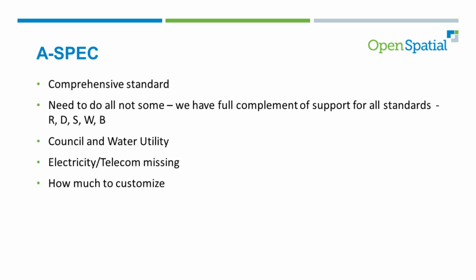So the question then is, do you provide the full A-Spec code list to everybody, which means people can actually give you data that you have not catered for within your asset management system, or that actually doesn't meet your engineering standards? So you may have your engineering standards, and within your engineering standard you say, this is the information that we have, these are the valid pipe classes, materials, diameters, etc. that we have within our region.